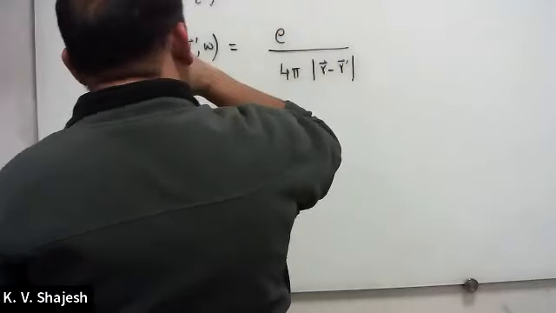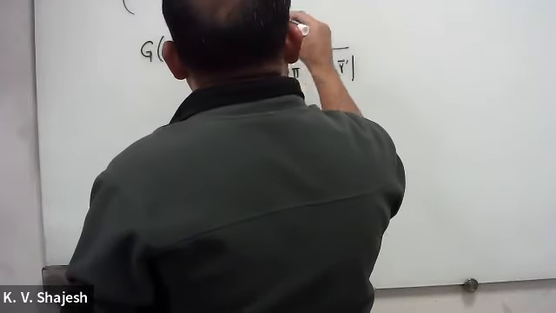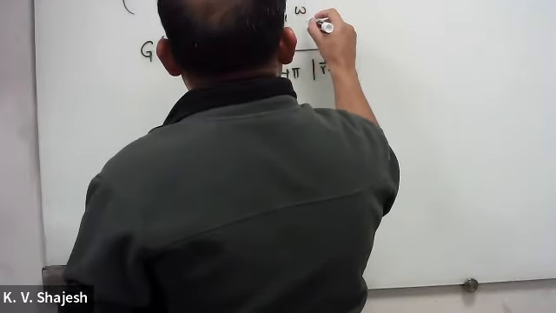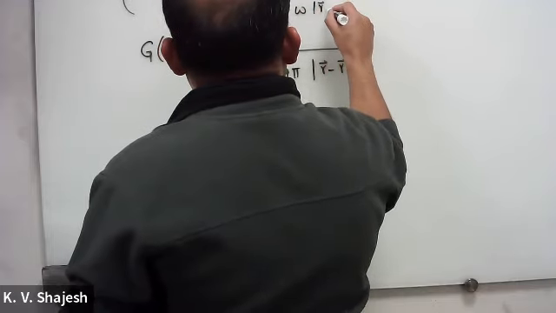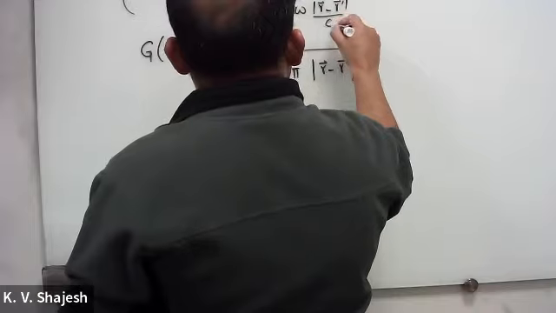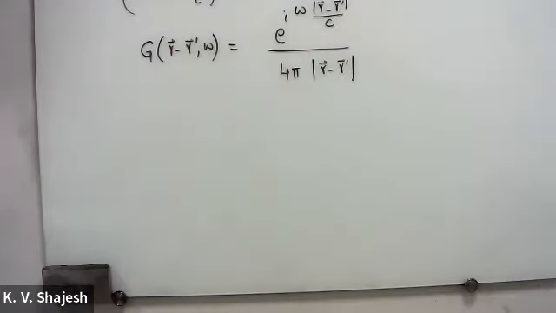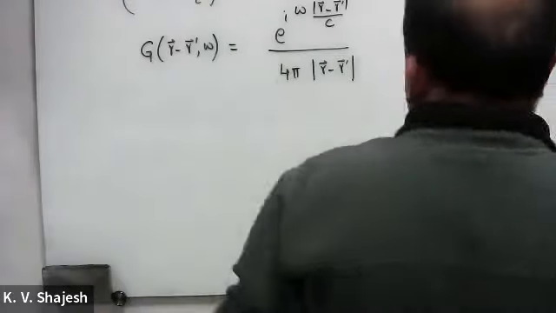It is e to the i omega times the magnitude of R minus R prime over c. So we check our time. Okay.